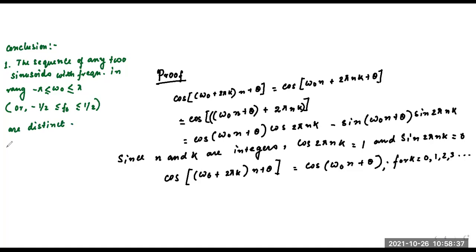Why can this be written? Because I divided it by 2 pi. So omega by 2 pi is equal to F.